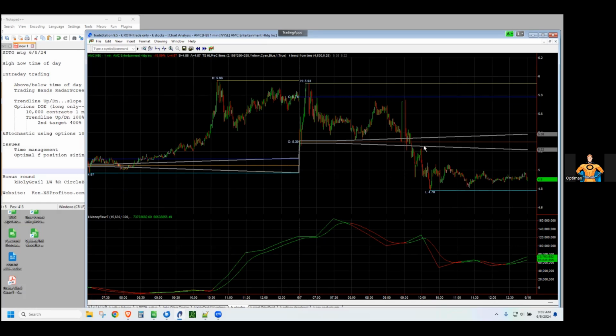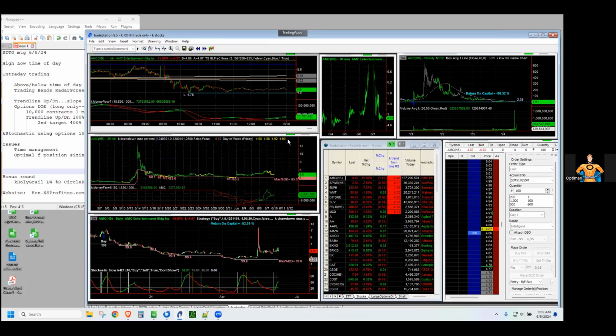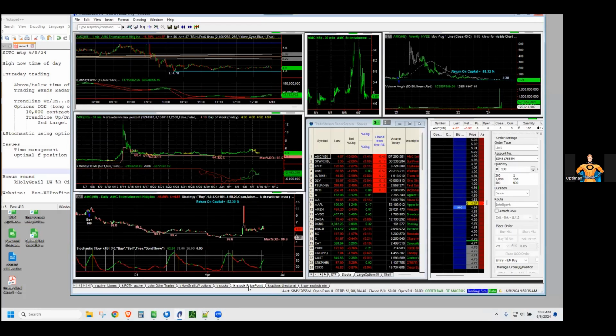One of my problems is that I get so many of these opportunities early in the day that it's difficult for one person to set up all of these possible trades. But I do it, and I get some pretty decent returns.